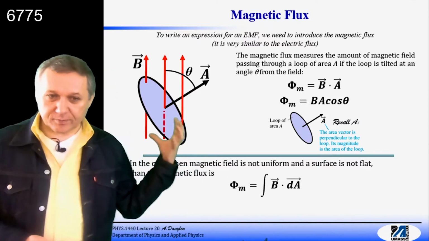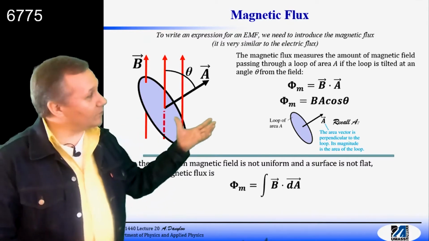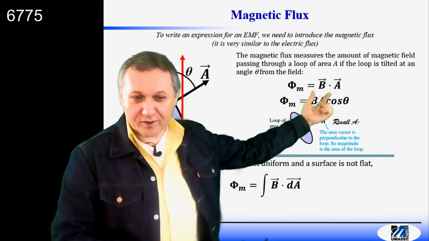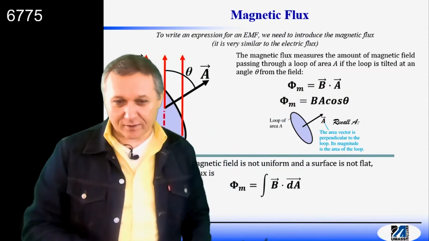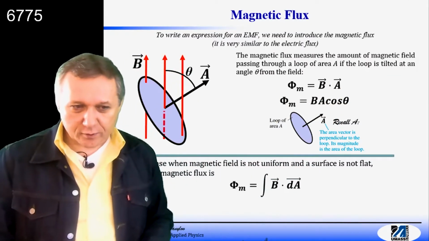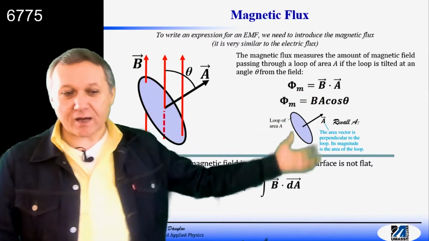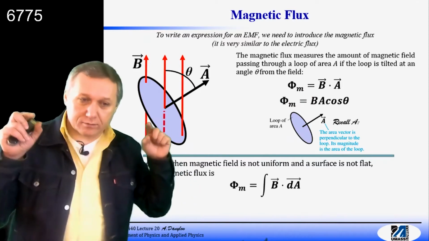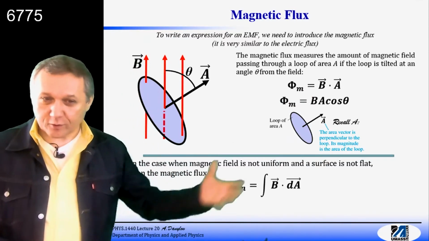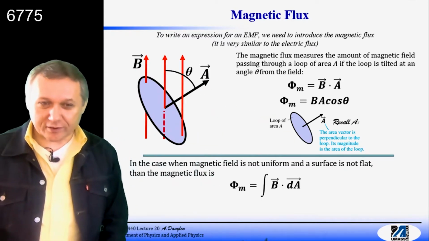For this simplest situation, the flux, the number of magnetic field lines crossing the surface, can be found by the dot product, the scalar product, between the magnetic field and the area vector. Written explicitly, it is the magnitude of B times the magnitude of A times the cosine of the correct angle theta. Exactly the same as in electricity with the electric flux.